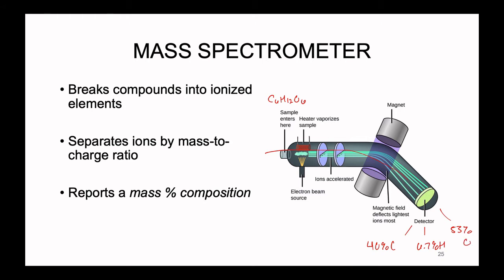So that's what our mass spectrometer does. We put in a sample, and it tells us what that mass percentage breakdown is on the other side.